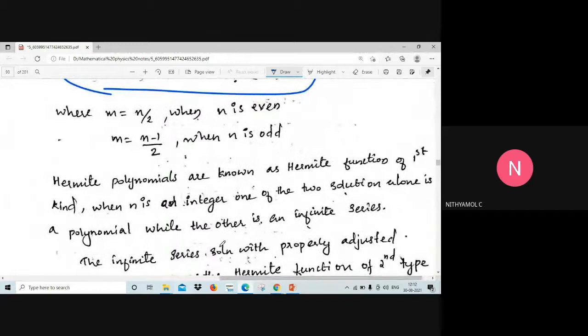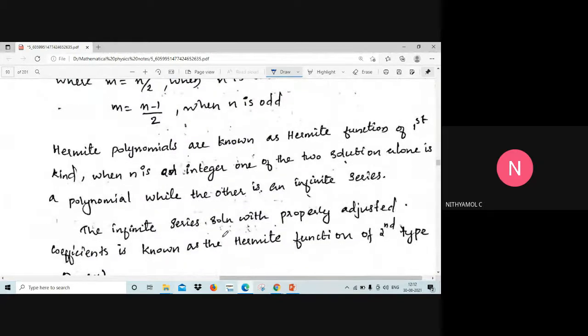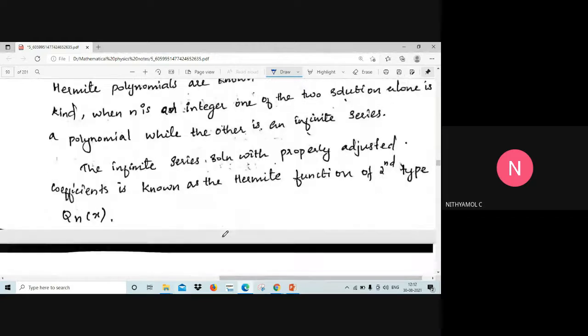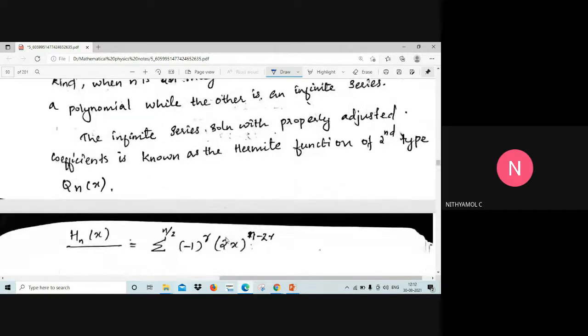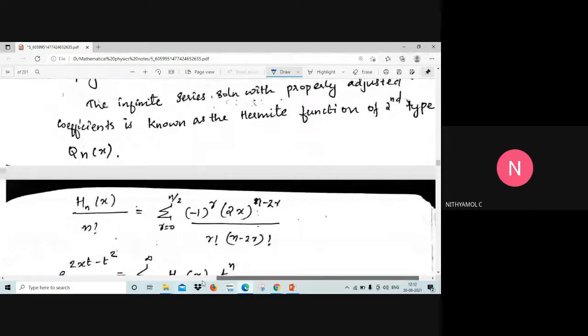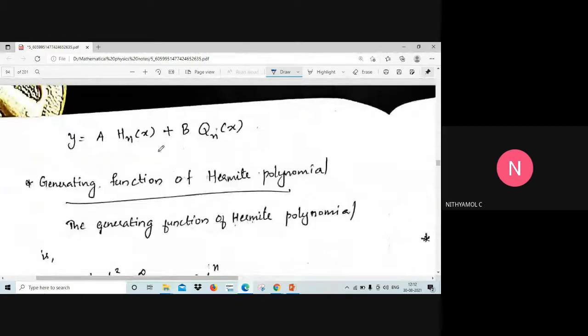When n is an odd integer, one of the two solutions alone is a polynomial, while the other is an infinite series. The infinite series solution with a properly adjusted coefficient is known as Hermite function of second kind, Q_n of x. Therefore, y is equal to a H_n of x plus b Q_n of x.